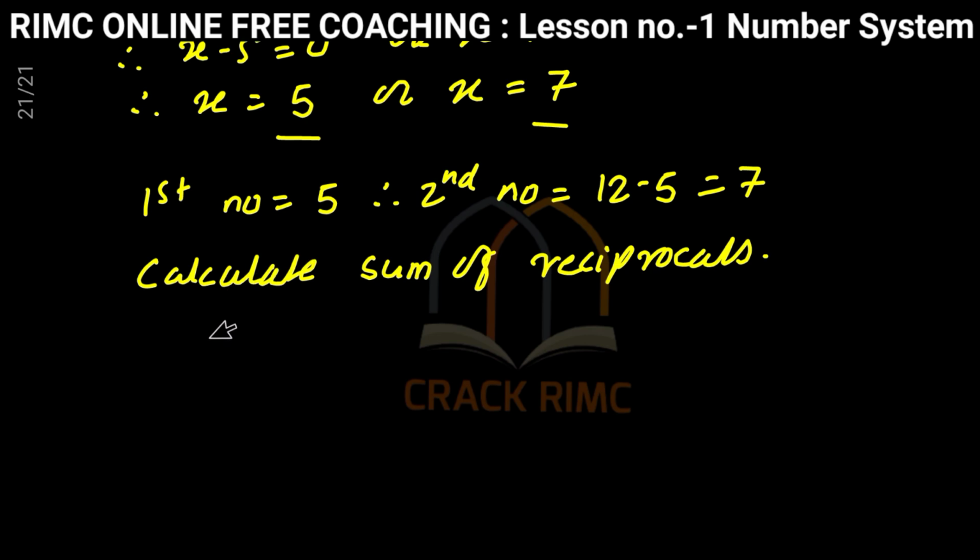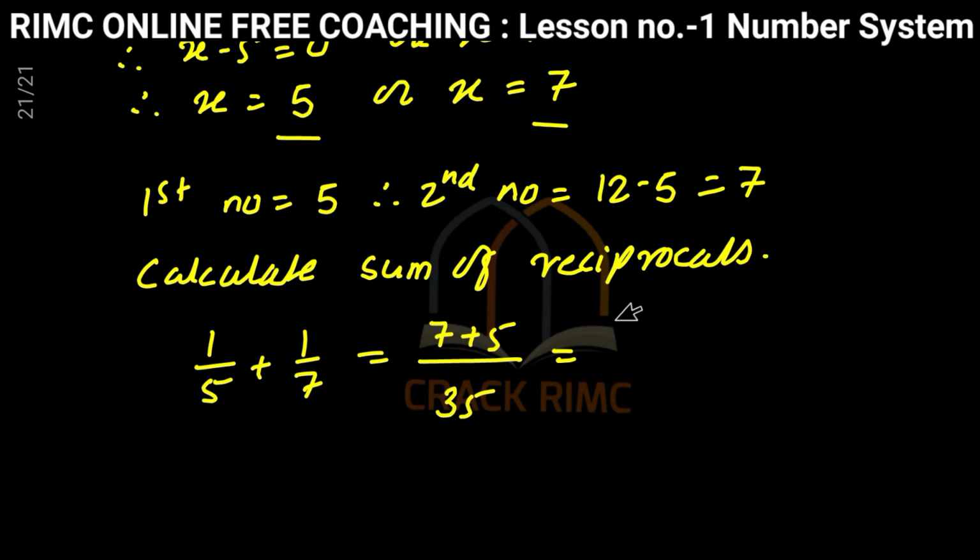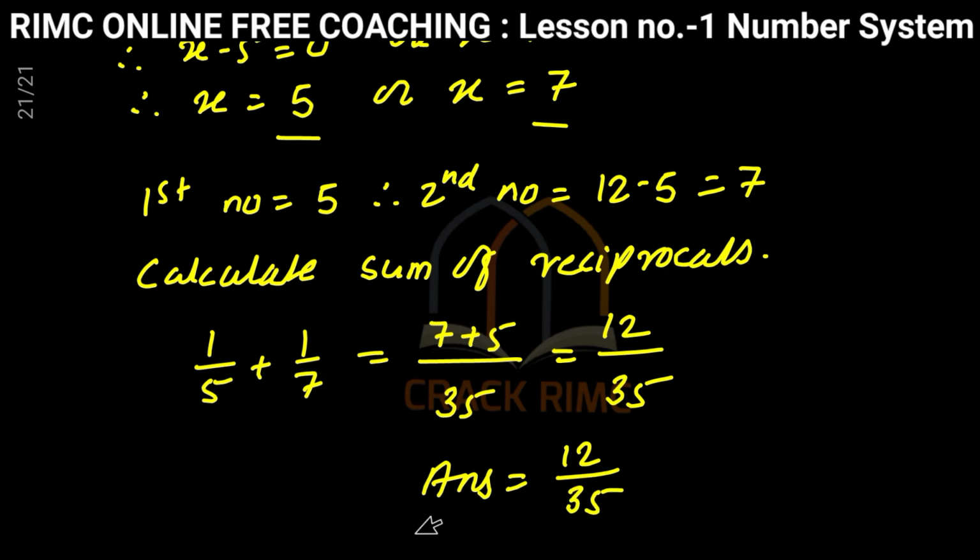So the reciprocal of 5 will be 1 upon 5 plus 1 upon 7, is equal to, LCM will be 35. Here it will come 7 plus 5 is equal to 12 upon 35. So our answer will be 12 upon 35.